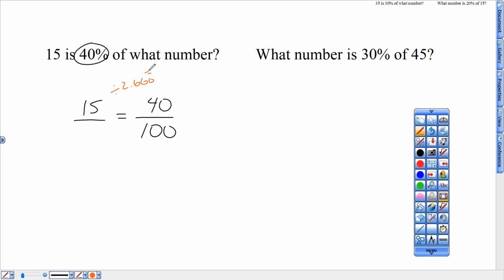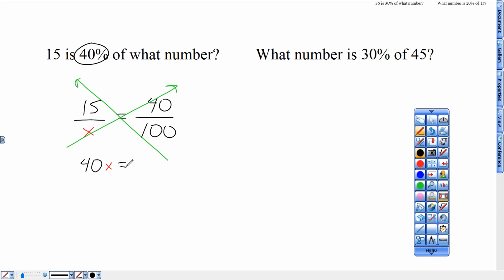So for a problem like this, where you can't really clearly see what you're dividing or timesing by, not a neat number, you're forced to make it an algebra problem. To make it an algebra problem, make this unknown number an x, and then multiply crisscross. These ratios you can always crisscross multiply. And what you get is a simple one-step algebra equation. 40 times x gives me 40x. 15 times 100, I have to use my calculator because I don't know what that is.